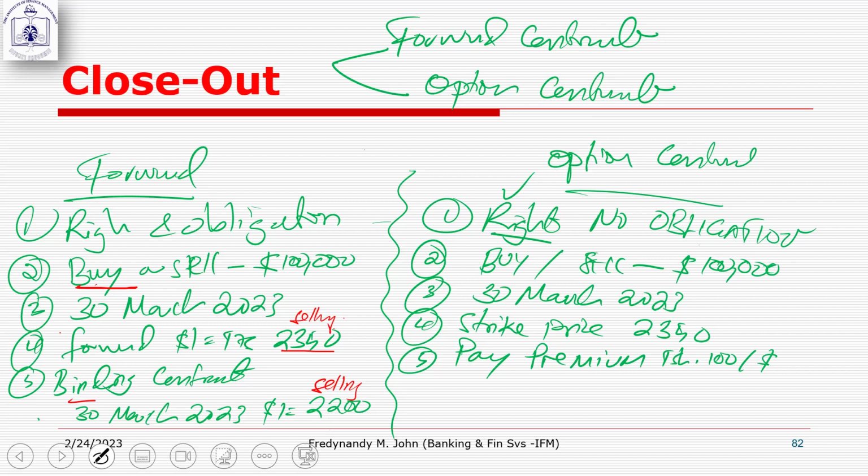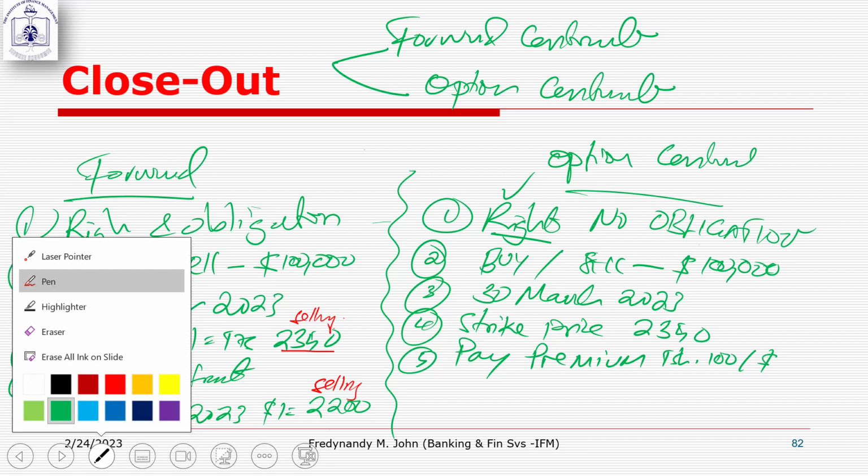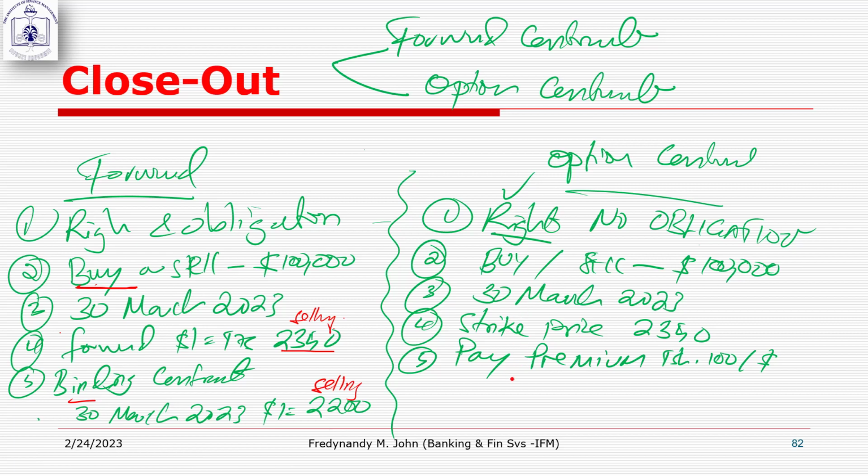That is to say, now a customer needs to pay a total of 10 million, because it's 100 multiplied by 100,000, right?